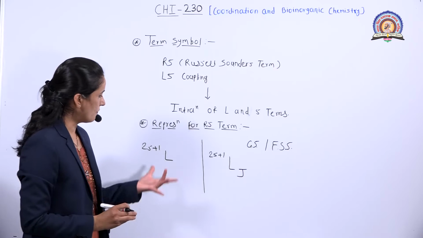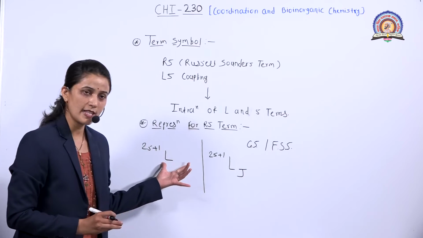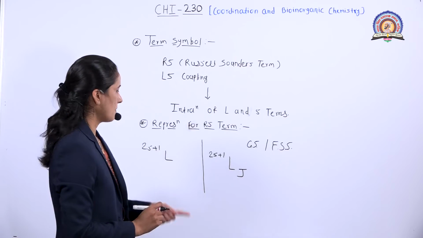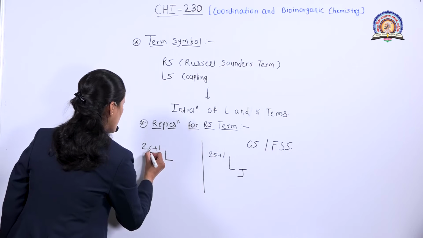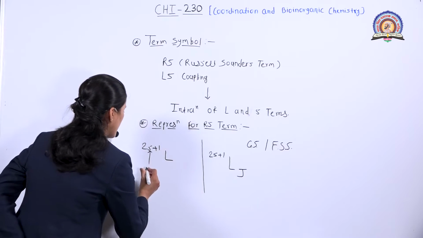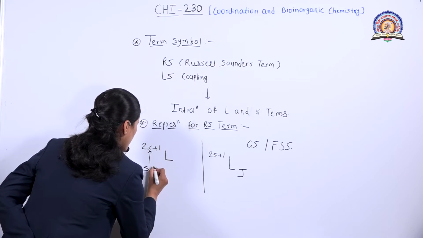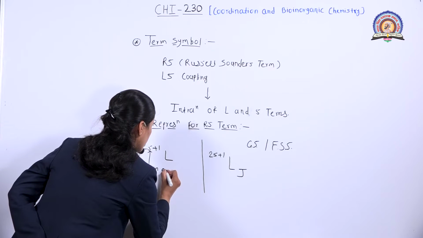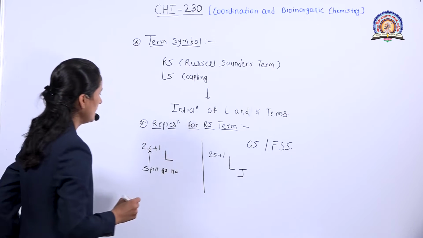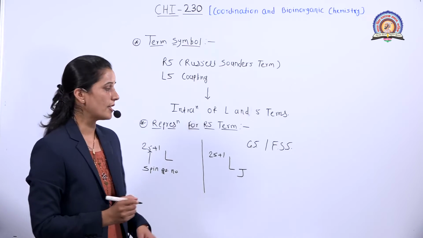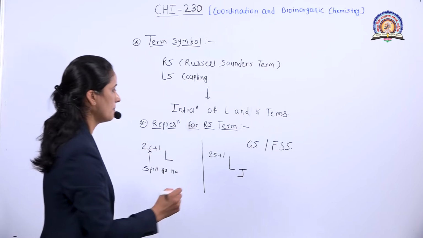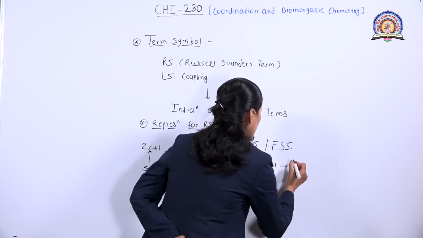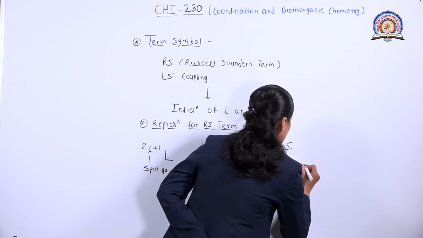Okay, so let's see what is this 2S plus 1, what is this L, and what is this J. Suppose we have to calculate RS term. This S is nothing but spin quantum number, while this whole term, that is 2S plus 1, is spin multiplicity.